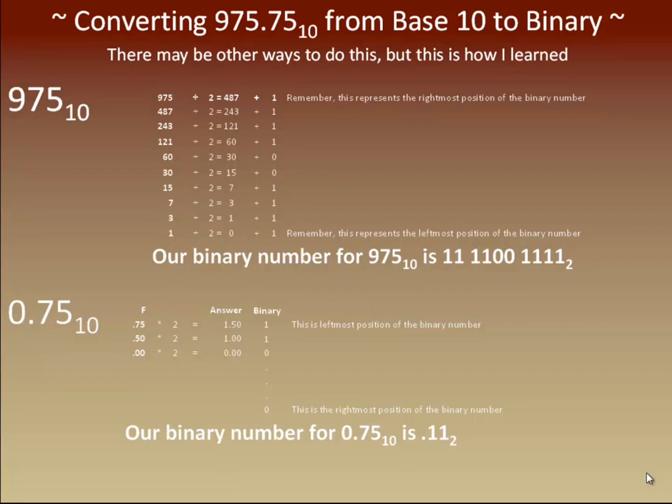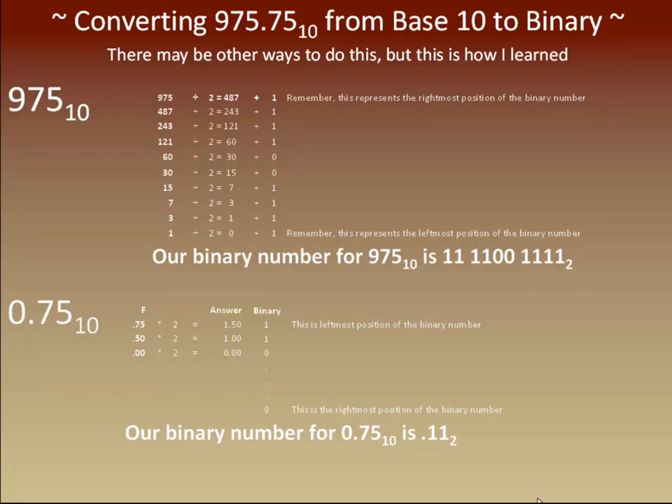If the answer is less than 1, meaning that there is a 0 to the left of the decimal point, then we write a 0 in the binary number, and we just use the answer in the next iteration and multiply it by 2. We do this until we get a 0 for the decimal, or when we have used all 23 bits of the fraction, because remember from our format, the fraction consists of 23 bits. Whichever comes first, we'll stop.